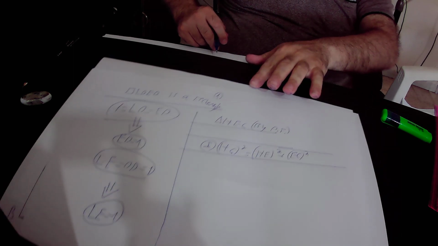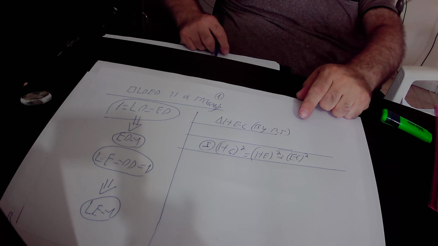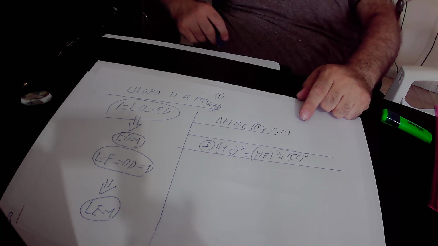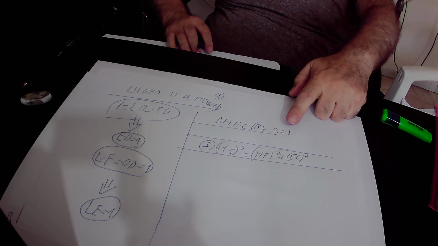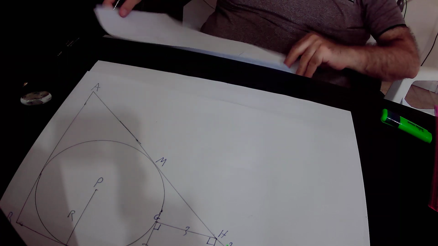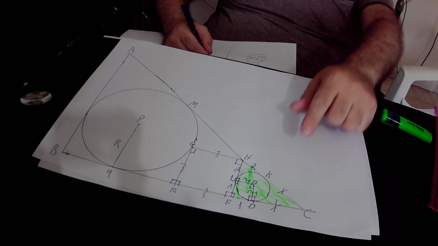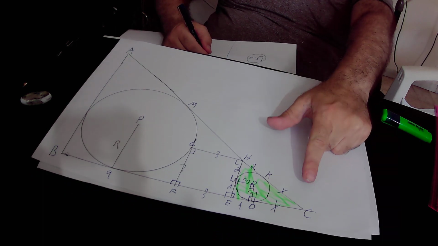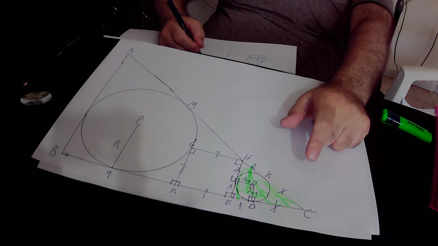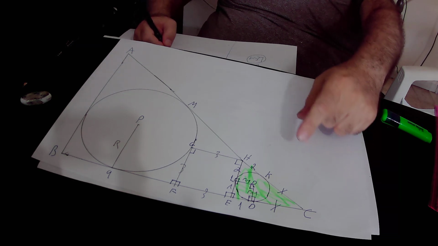Repeat again, according to the Pythagoras theorem, on the right triangle AGC, the square of the hypotenuse equals the sum of the squares of the perpendiculars, that is to say HC square equals AG square plus EC square. So here HC equals 2 plus X, therefore HC square equals (2 plus X) square, and it is equal to edge E square.